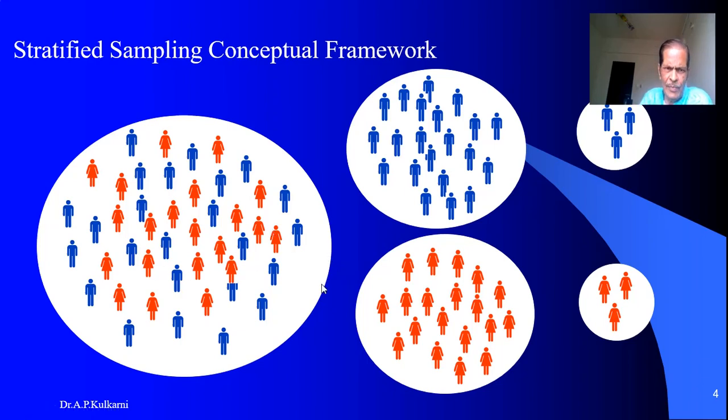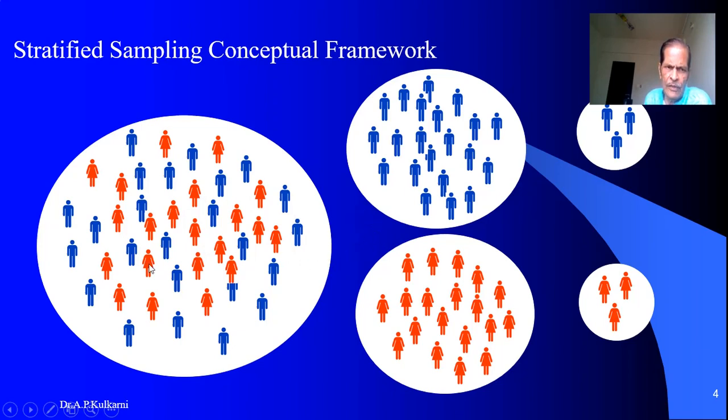But as far as the variable in question is concerned, we know that the population has two subgroups which differ significantly as far as the variable in question is concerned. In this case, the males and the females, we have a prior knowledge that they differ significantly as far as, say, hemoglobin is concerned. So in such a situation, we consider the male and female subgroups as separate populations.